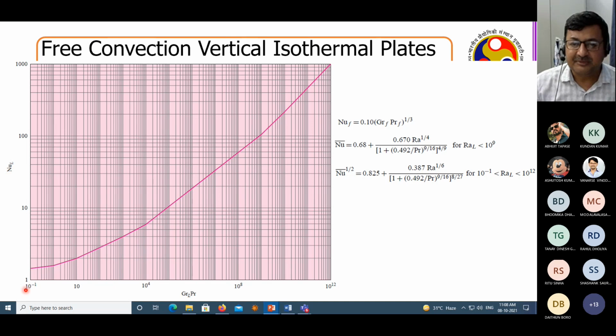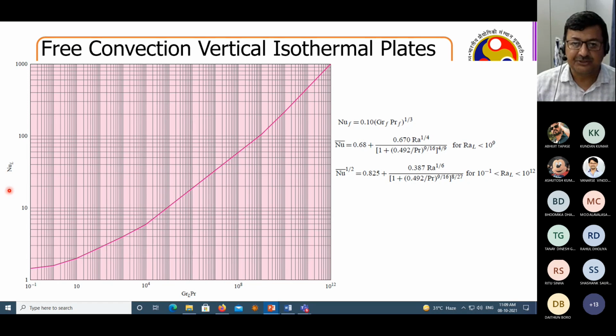If you go from here to here, not only does the Grashof number increase, but the Rayleigh number also increases, because the Rayleigh number is the Grashof number times the Prandtl number. As the Rayleigh number increases, the Nusselt number also increases. That means more strength of recirculations, and natural convection will cause more heat transfer.